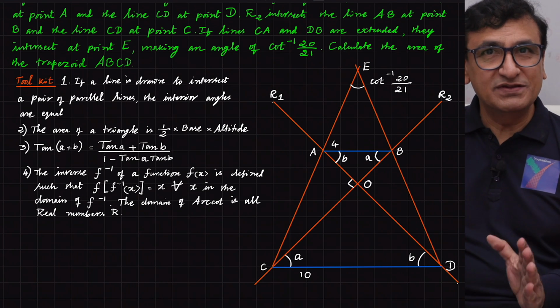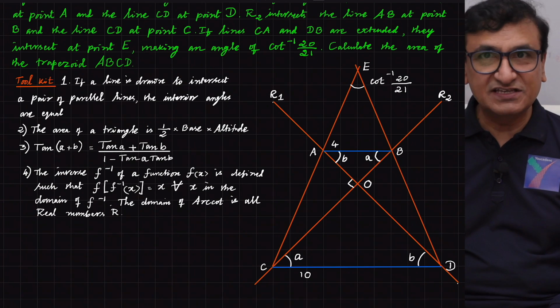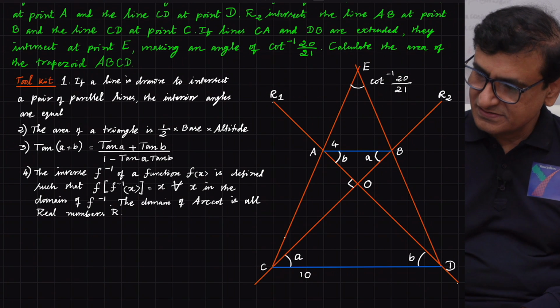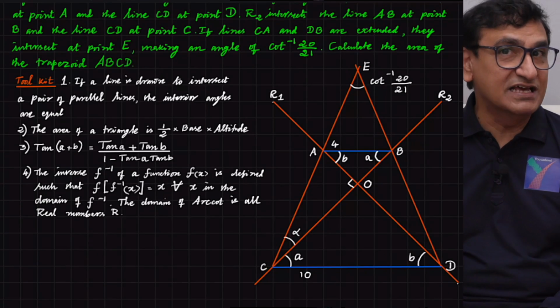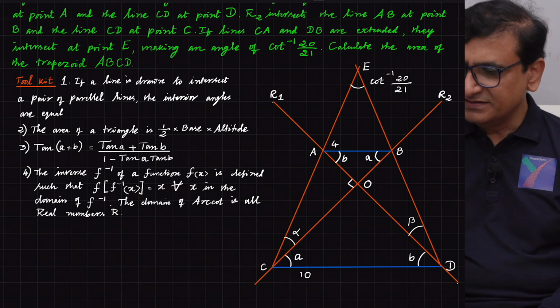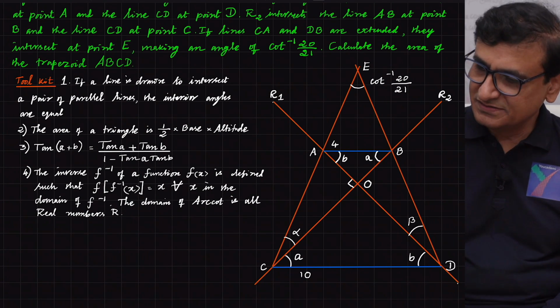First, let me label the angles and sides as follows. Angle ACB is angle alpha. Then angle ODB is angle beta. And the angle CED is angle gamma.